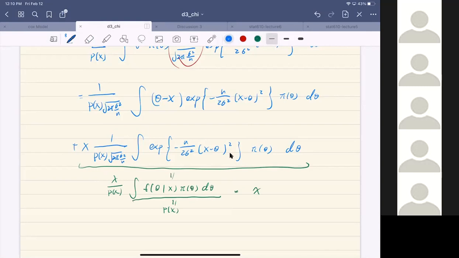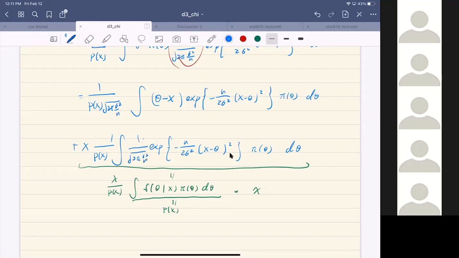Can you go over the last step you did one more time? Sorry, I wasn't able to follow the calculation. Okay, it's fine. How about we do this? So this is 1 over root 2 pi sigma.